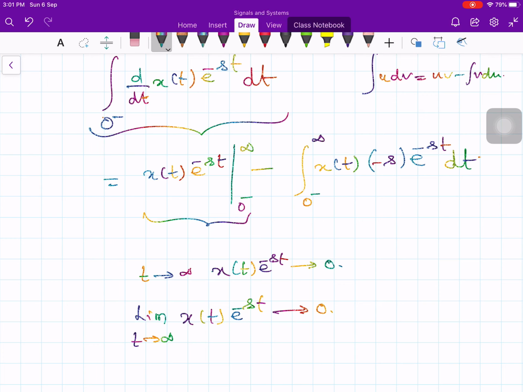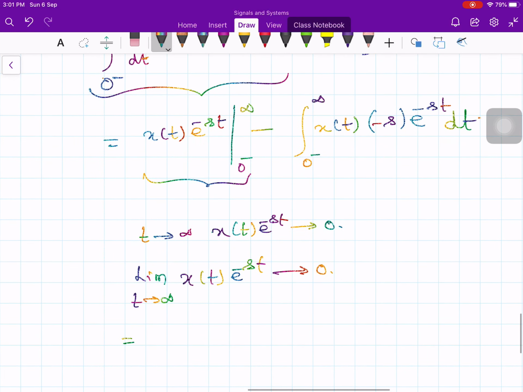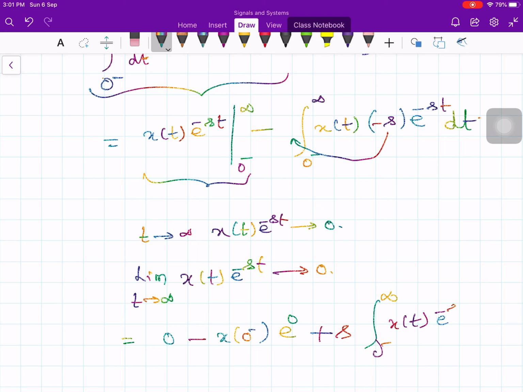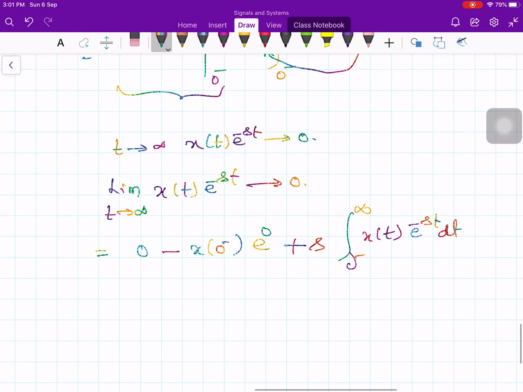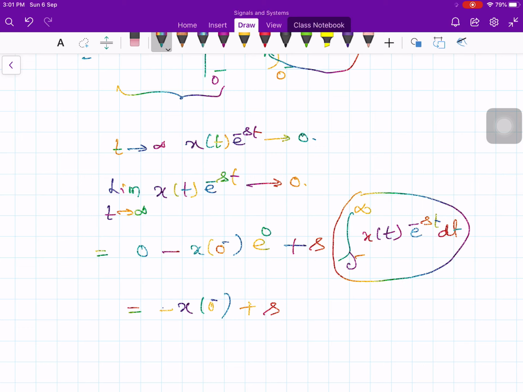Therefore 0 minus, substituting t equals 0 minus, x of 0 minus times e to the 0. So this is the first part. Minus, you bring this s outside, so minus times minus becomes plus s times the integral from 0 to infinity of x of t e to the minus st dt. Then this is equal to minus x of 0 minus plus s times, and don't you see this is precisely the definition of the Laplace transform of x of t.